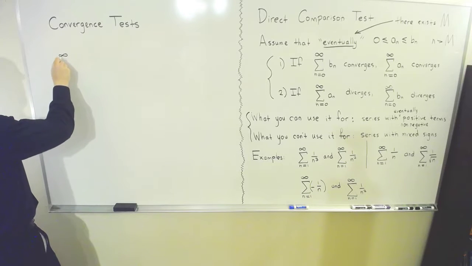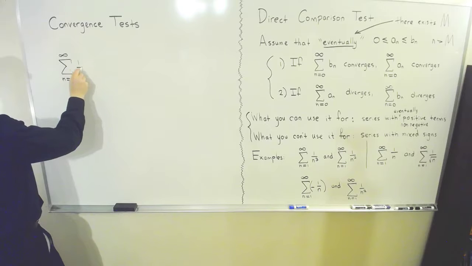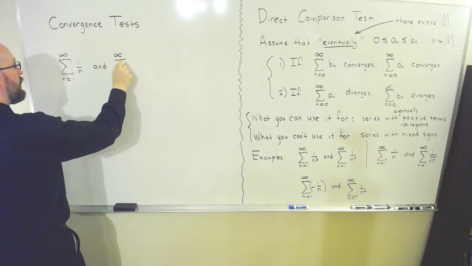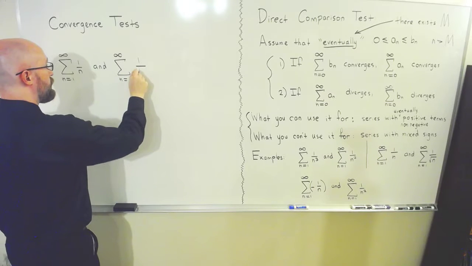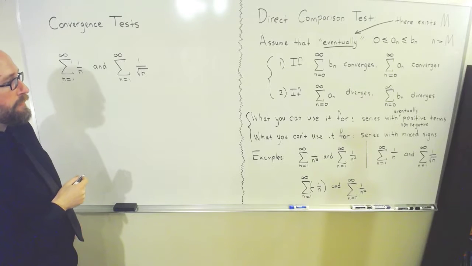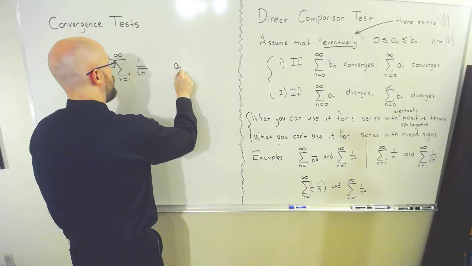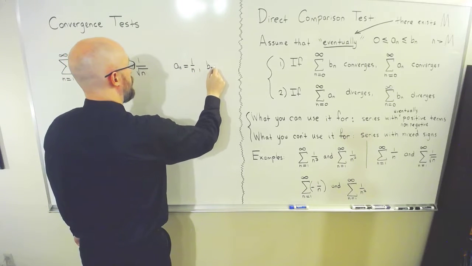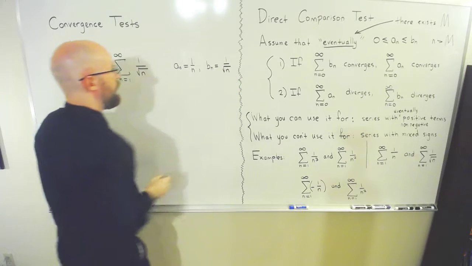So we have the sum from n equals 1 to infinity of 1 over n, and the sum from n equals 1 to infinity of 1 over the square root of n. So here, an is 1 over n, bn is 1 over the square root of n.